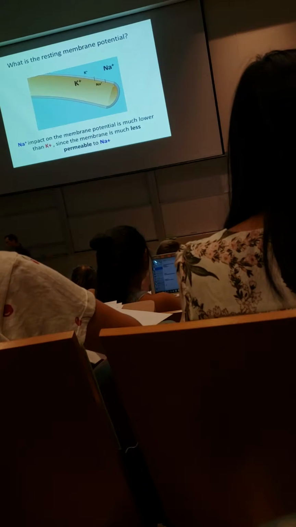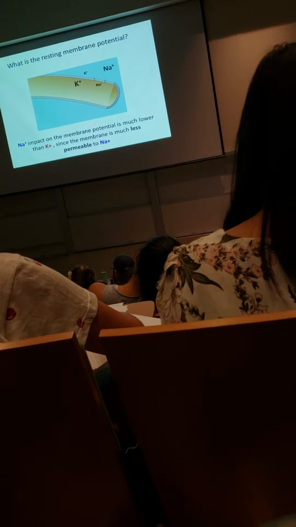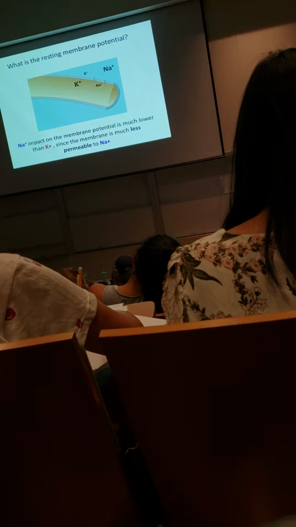But we only have 2 doors for those that have blonde hair, and we have 400 doors for those who have black hair. So it's not the same. If they want to move in or out, it's going to be a different effect, a different impact. So that's going to be the resting membrane potential, which is about negative 70 millivolts, depending on the exact cell, but typically in a regular neuron, a regular axon, that's the case. And of course, it's negative.